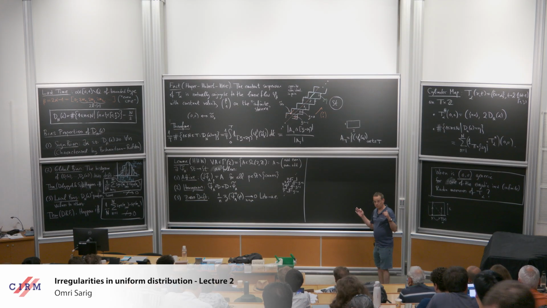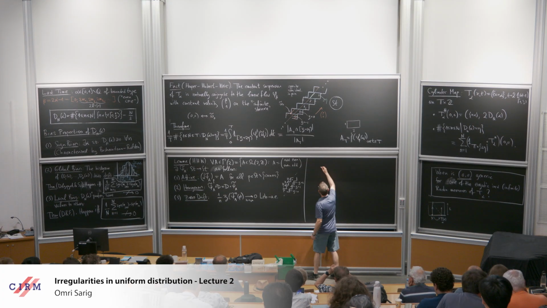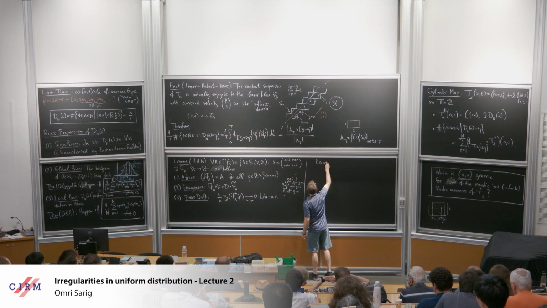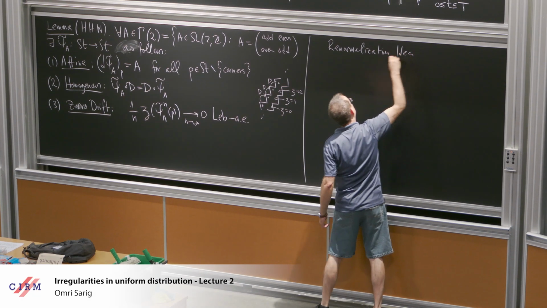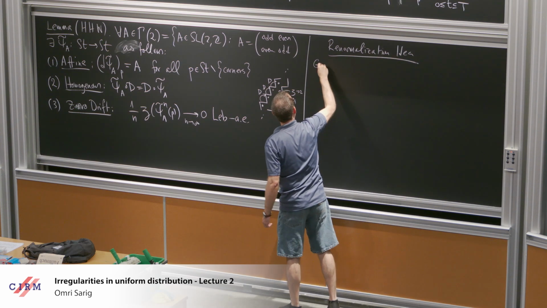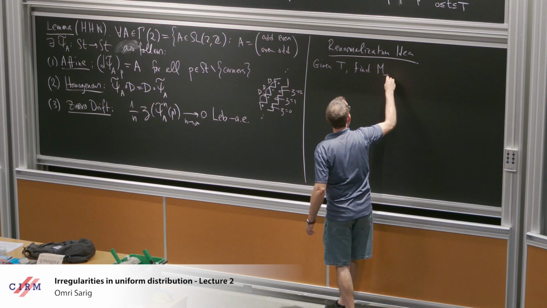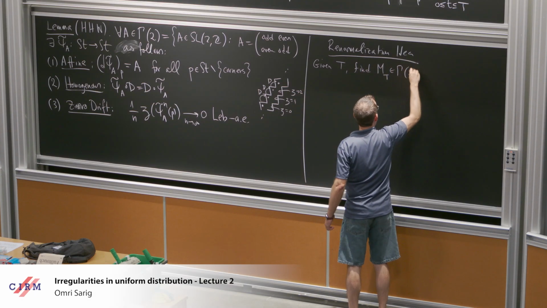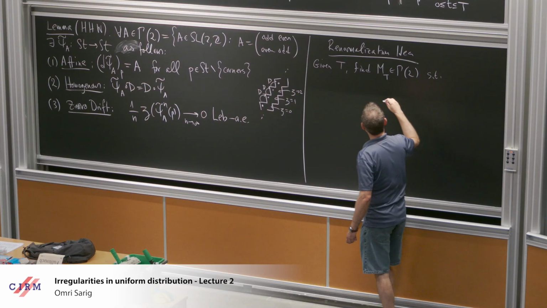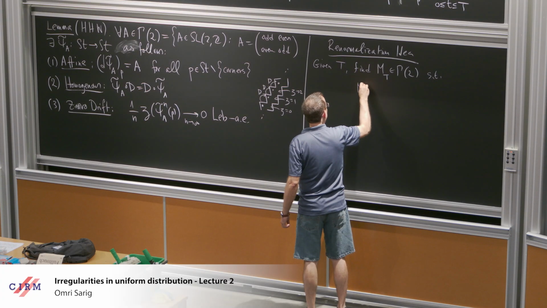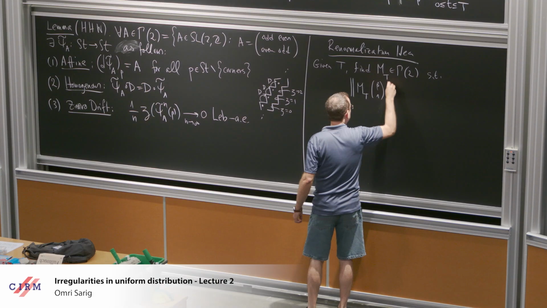Okay, so now what's going to be this simplification procedure? The renormalization idea is: given T, find a matrix MT in SL2Z with these parity conditions such that MT, when you apply it to the velocity, contracts it, but not too much.